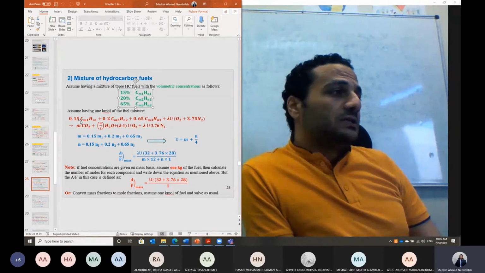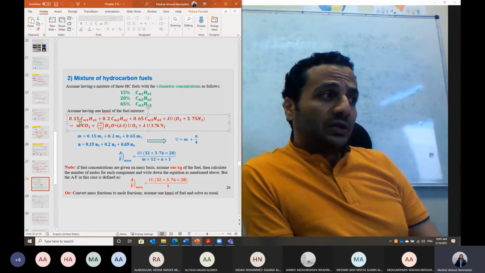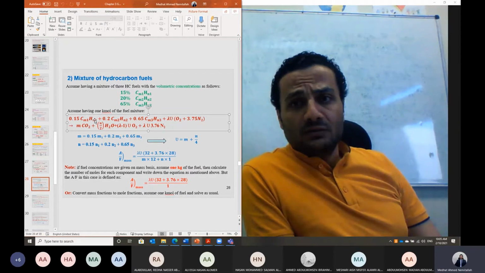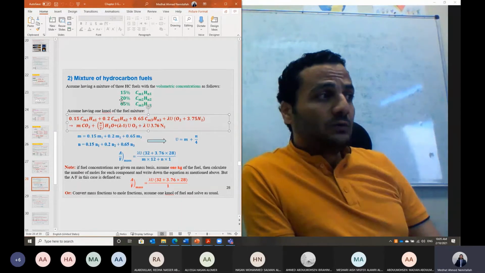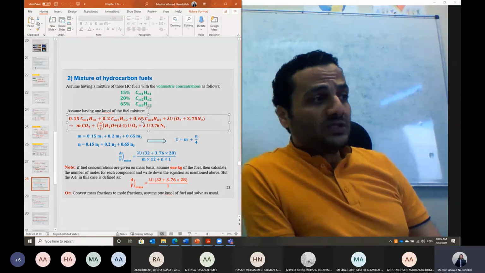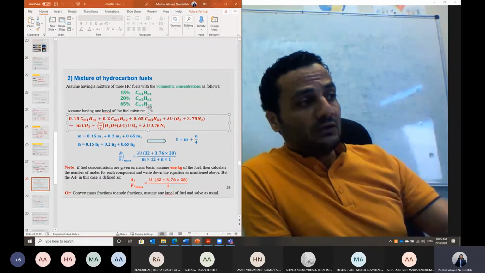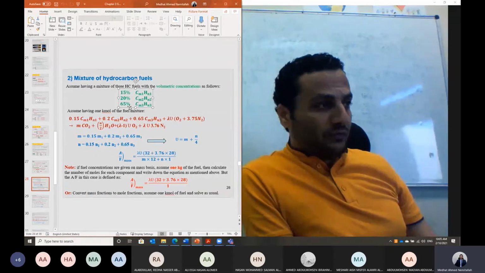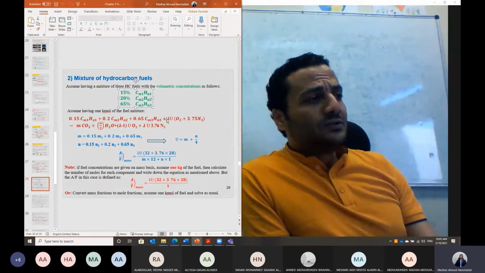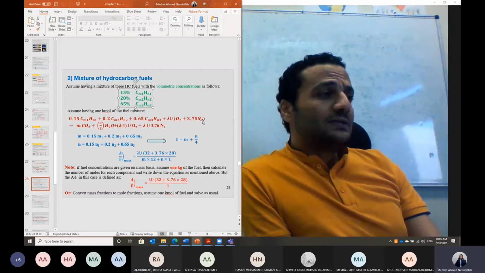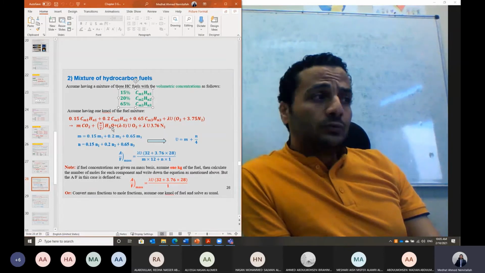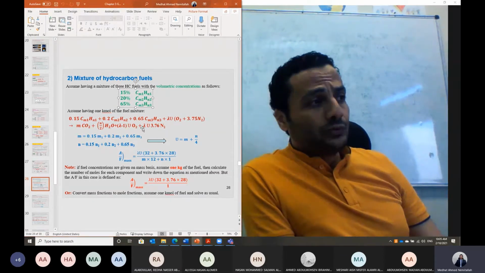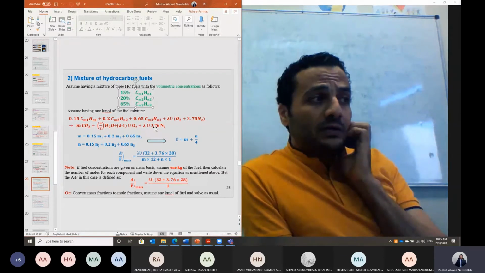Then the first hydrocarbon fuel, Cm1Hn1, will have 0.15 kilomole of the total 1 kilomole of fuel, plus 0.2 from the second hydrocarbon, plus 0.65 from the third hydrocarbon fuel. Then I write down the equation the same way, plus lambda gamma O2 plus 3.76 N2. That gives us m CO2 plus n over 2 H2O plus (lambda minus 1) gamma O2 plus lambda gamma 3.76 N2.